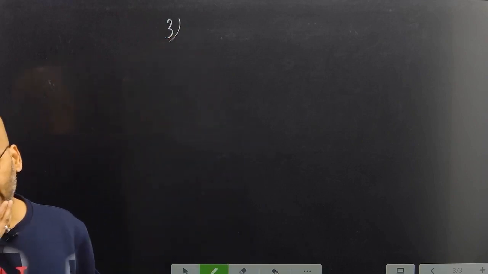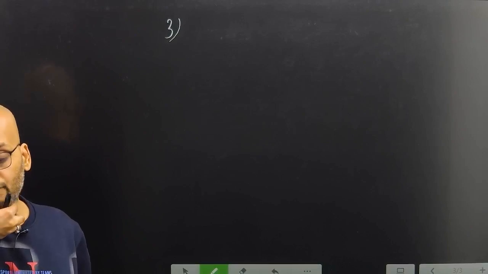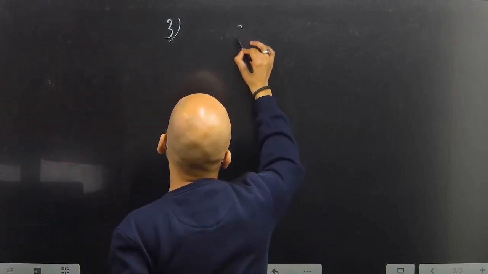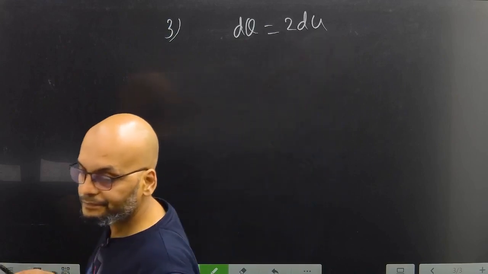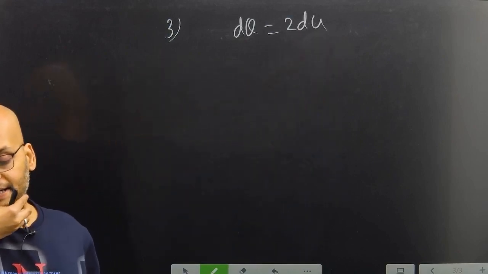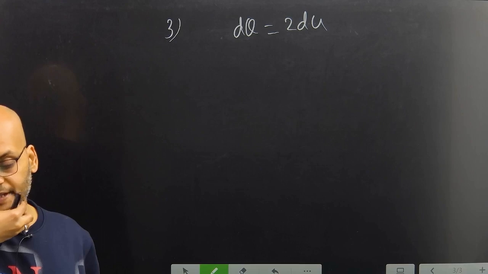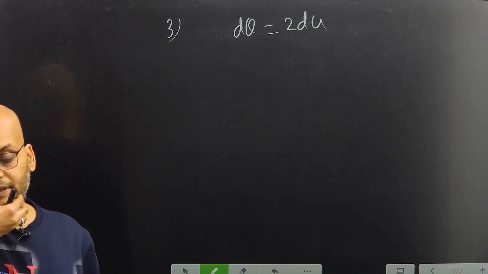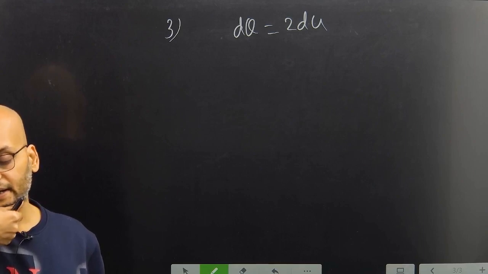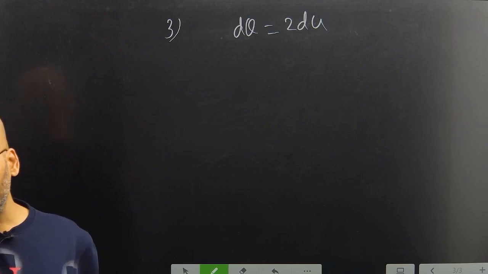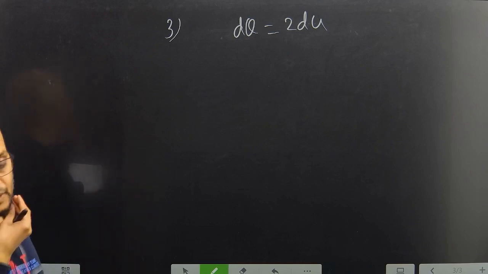Third: an ideal monoatomic gas is taken through a process where dQ, the heat supplied, is equal to 2 times dU, the change in internal energy. Find the molar heat capacity for the process. Direct formula application can be done.